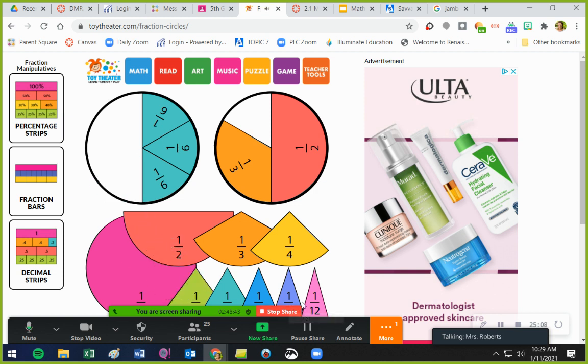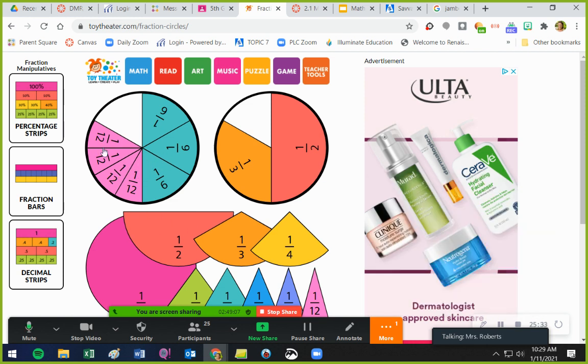Just like it wouldn't even be fair if I did this, because couldn't I cut thirds into 12ths? Isn't this the same amount, this pink and this yellow? But then if I said Emily gets 3 pieces, well, which 3 pieces would she get?